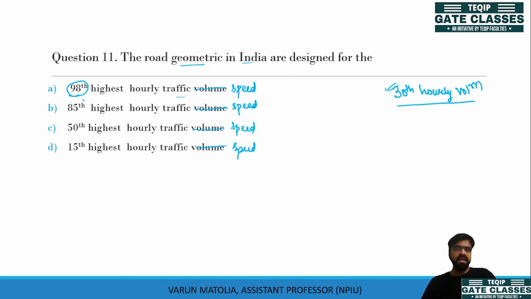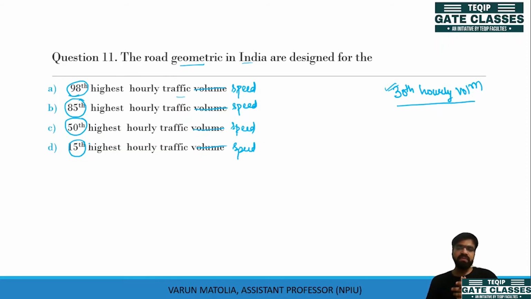The imposed speed or the speed restriction is the 85th percentile. The 50th is the median speed, the speed with which the maximum number of vehicles are running. And the 15th percentile speed is the lower restriction, because slow moving vehicles may impose danger for the moving traffic or may create a congestion condition.